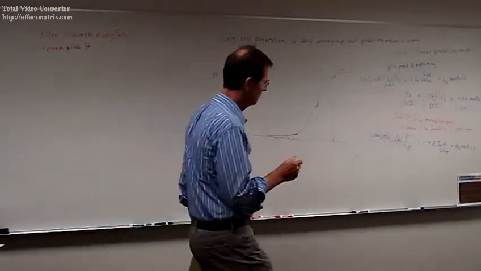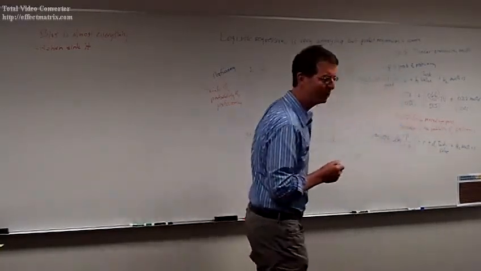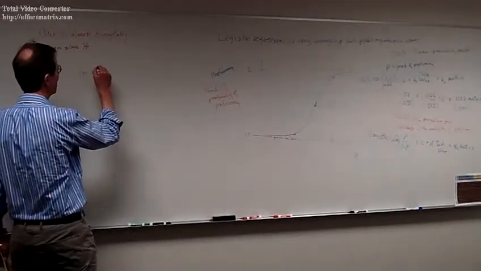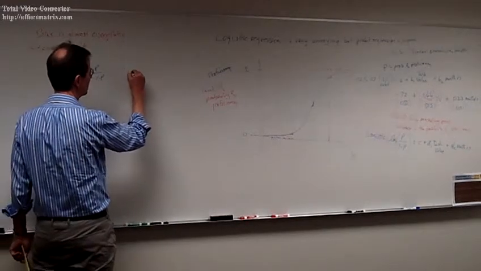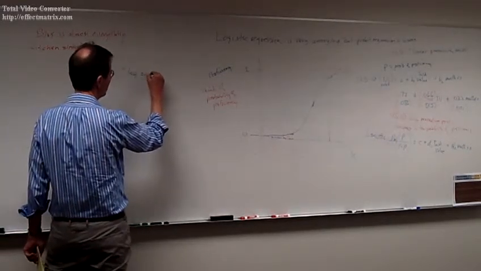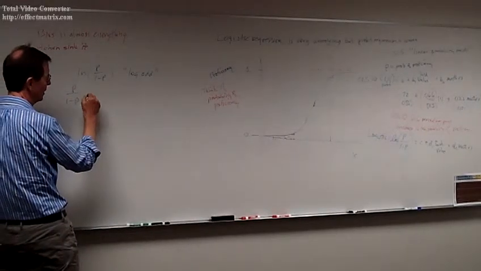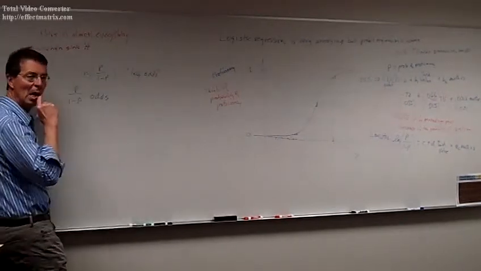But let's become a little more familiar with log odds. P over 1 minus P. So that's log of the odds, because P over 1 minus P are the odds of something. Right?